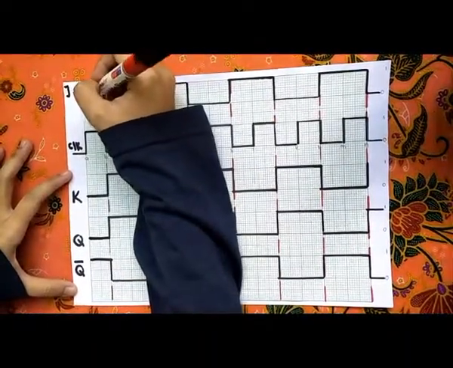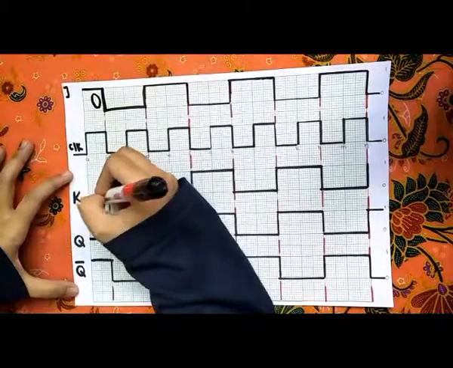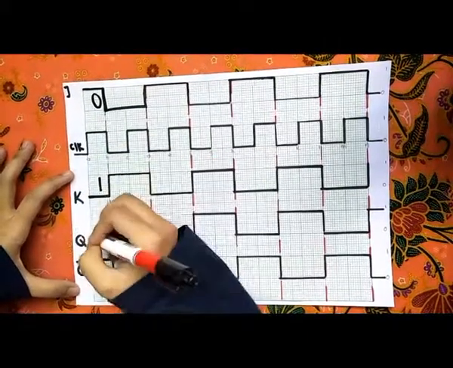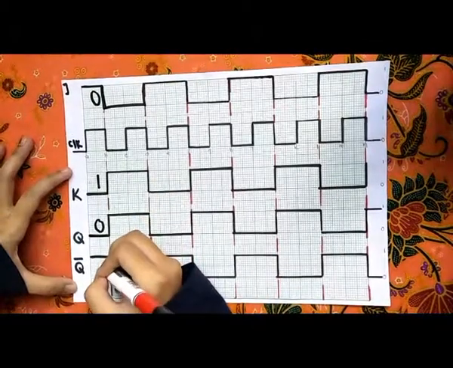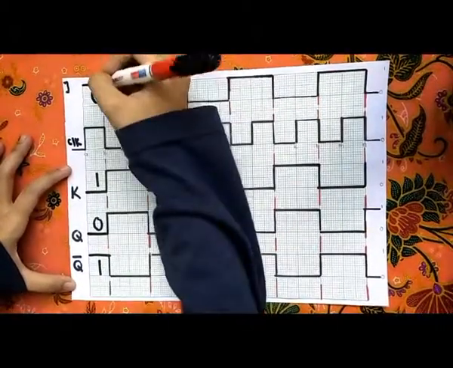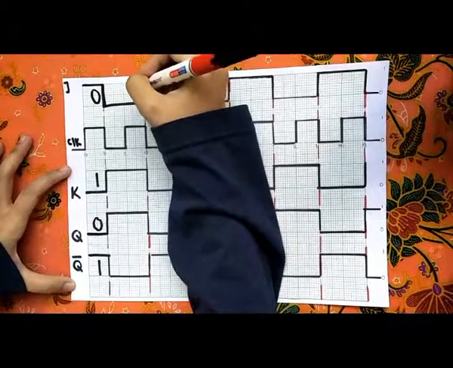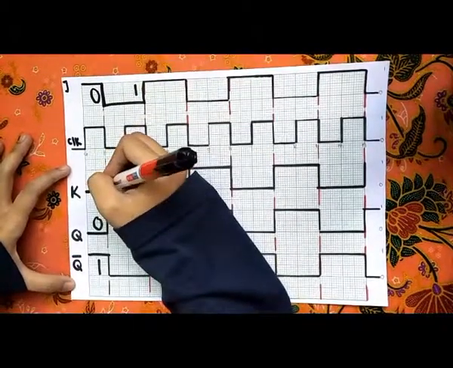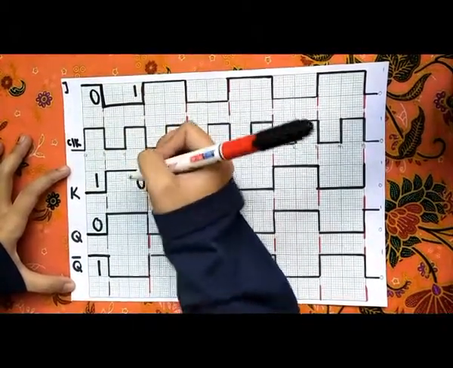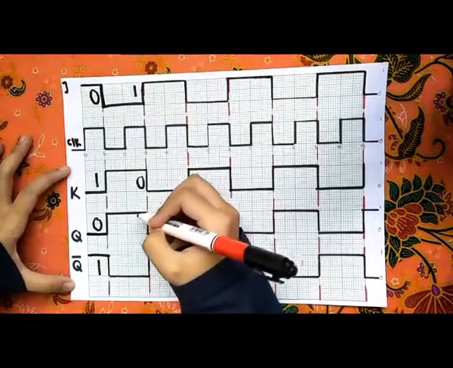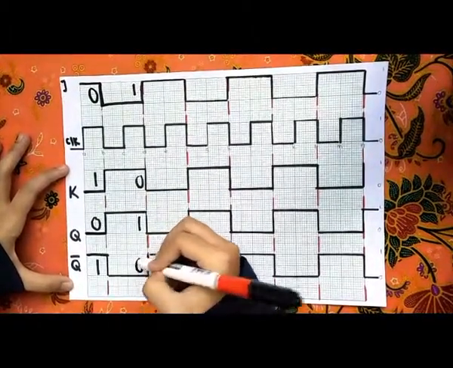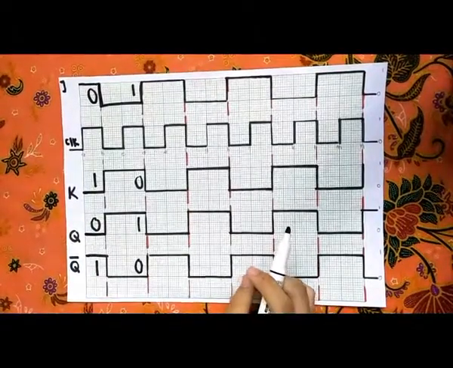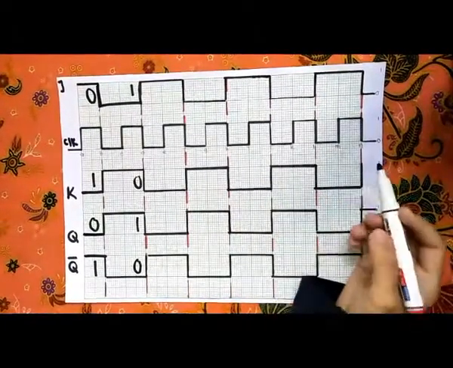When the J input is 0 and K input is 1, the Q output we get is 0 and Q bar is 1. And when the J input is 1 and K input is 0, the Q output we get is 1 and Q bar is 0, and this process will continue.